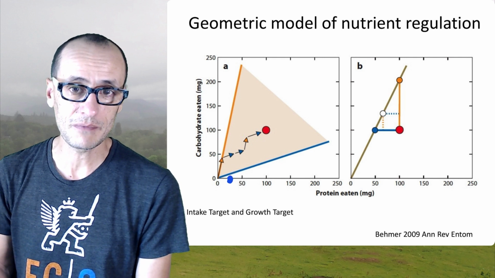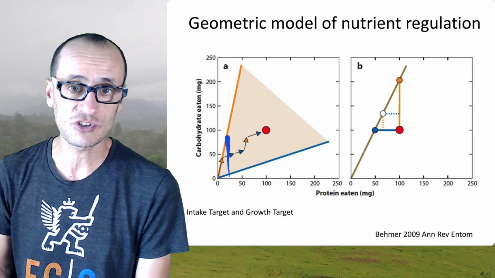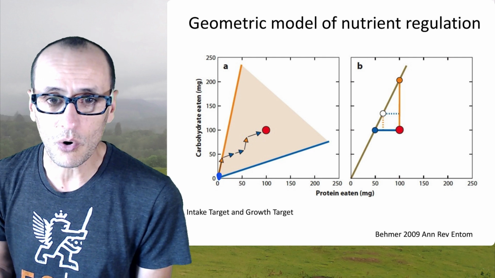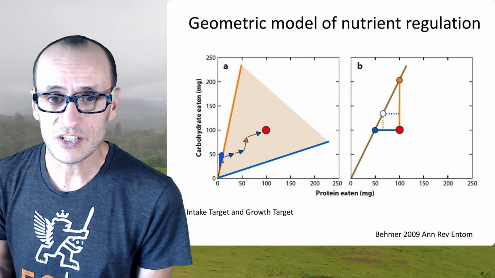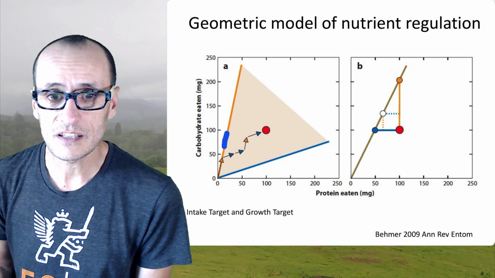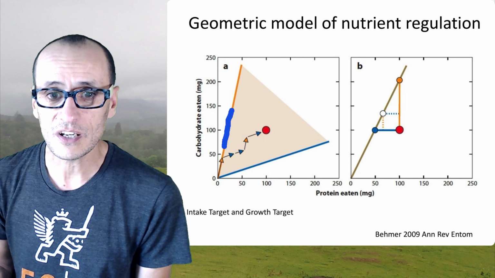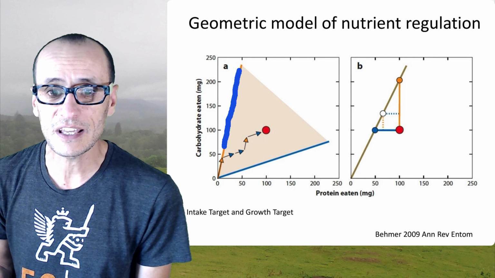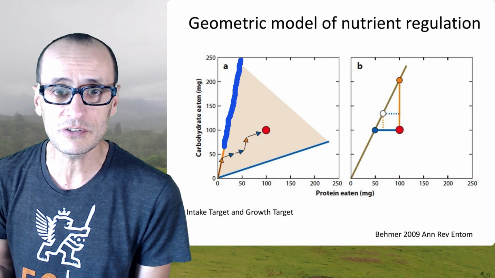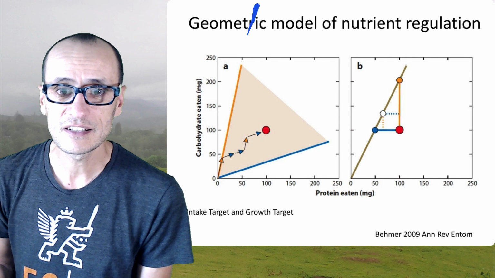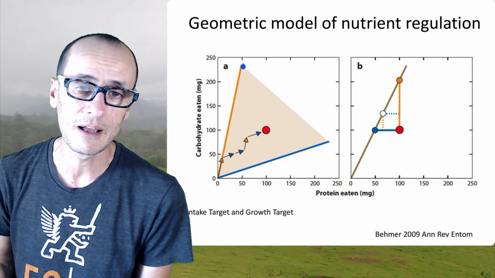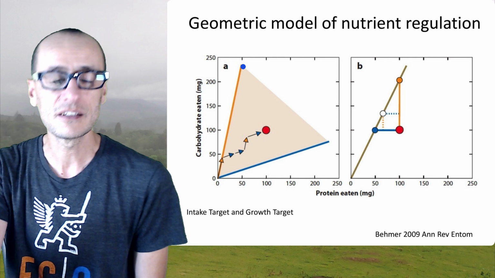So this is maybe 25 milligrams of nitrogen to every 100 milligrams of carbon. So if they were to feed only on this plant, the tissues of this insect here would always increase at this particular rate. And in fact, they would never get those 100 milligrams of protein, or they would take forever to get those 100 milligrams of protein by feeding only on this plant here, because they're getting a lot more carbon to nitrogen.